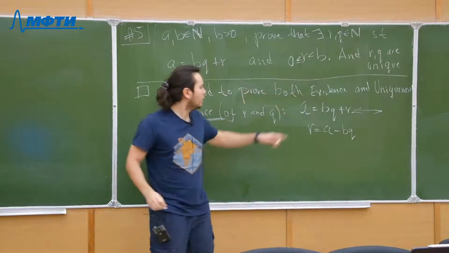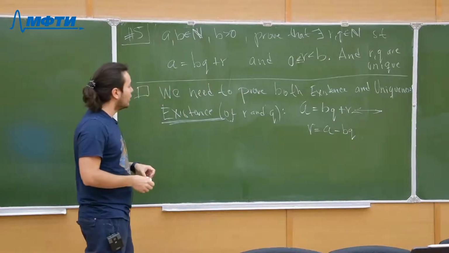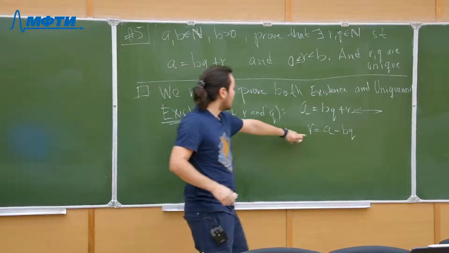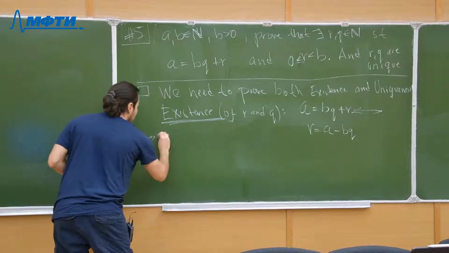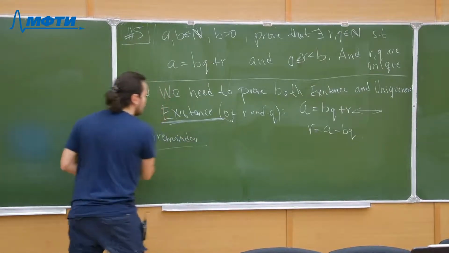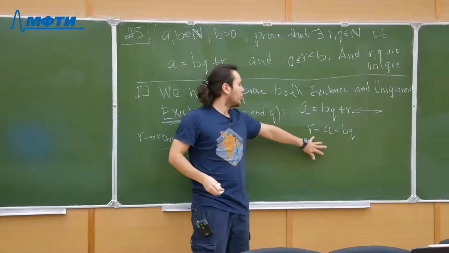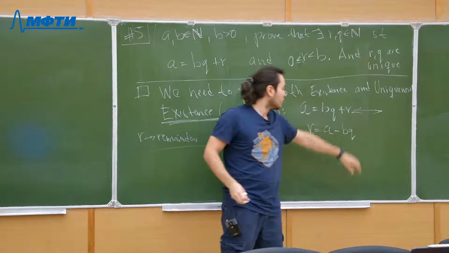These are exactly the same. So we can conclude that any remainder R can be expressed by this formula, A minus BQ.